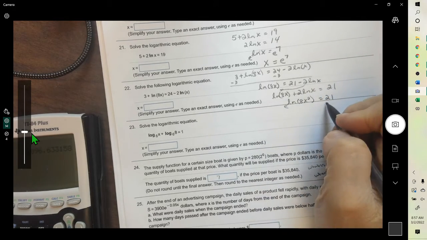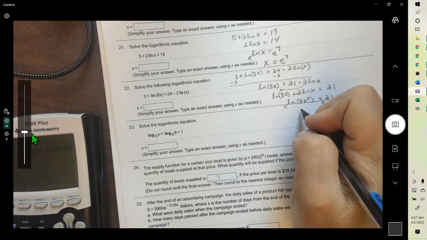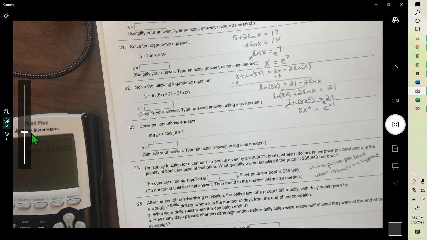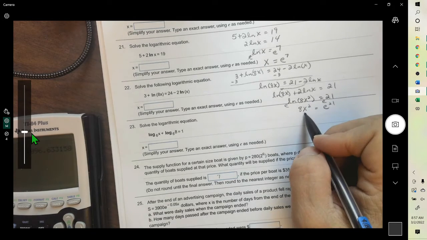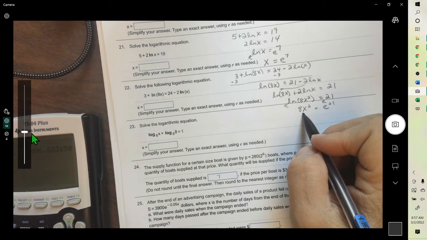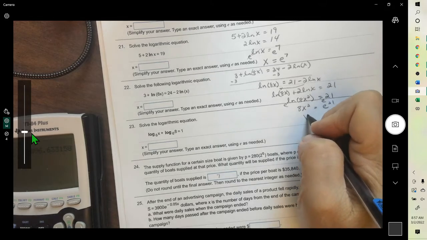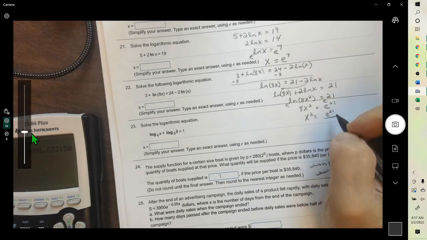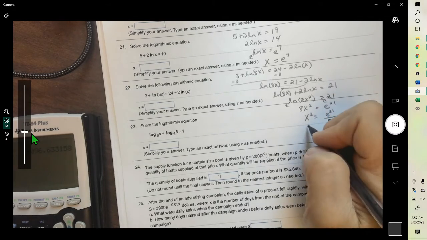Get rid of the natural log, take e of both sides, so that 8x squared equals e to the 21. Get rid of the 8. And then take the square root.